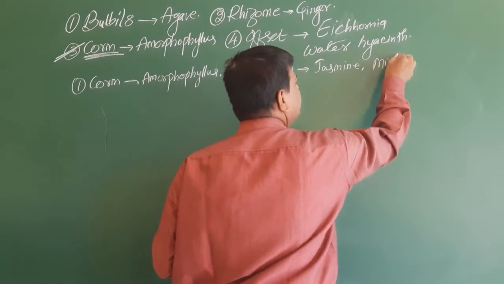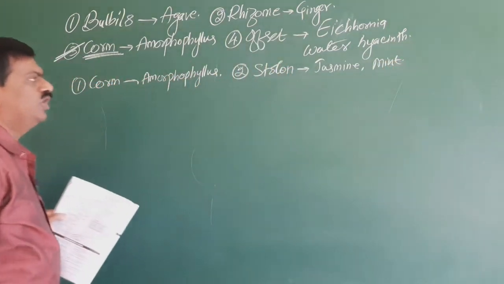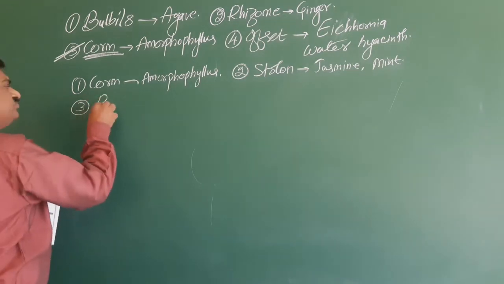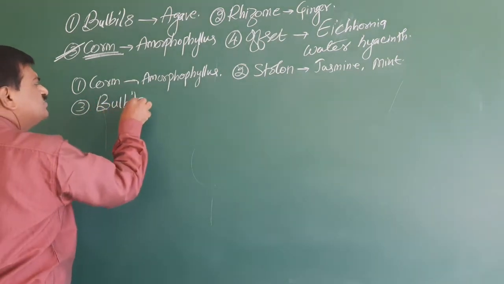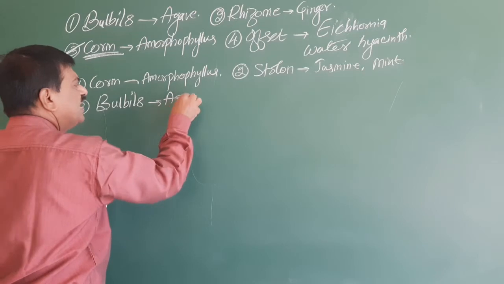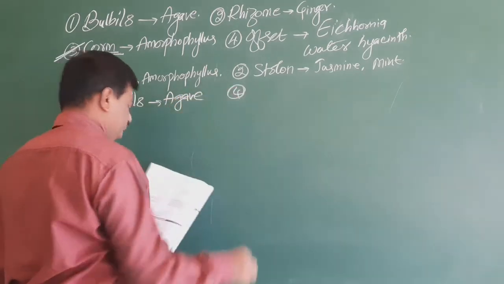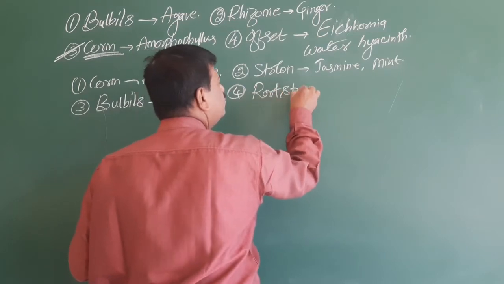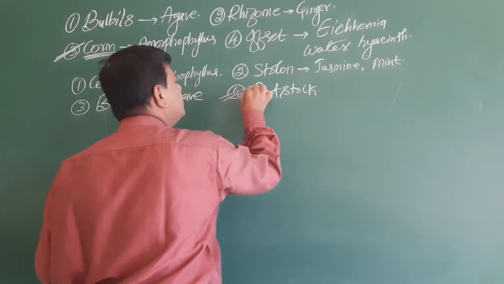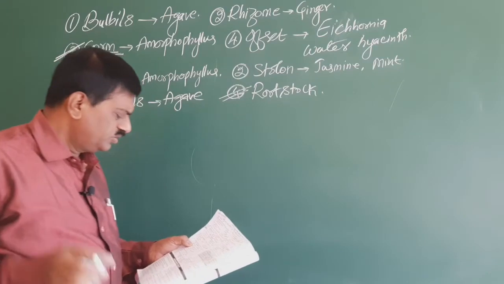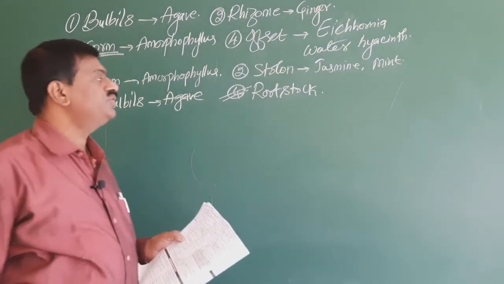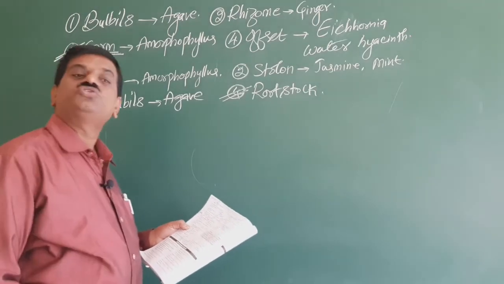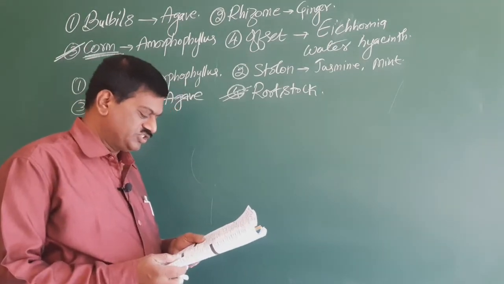The third one is bulbil. Bulbils you can see in agave. And the fourth option is rootstock. So this is the right option. Here the rhizome which grows is always called rootstock. So this is the right answer.